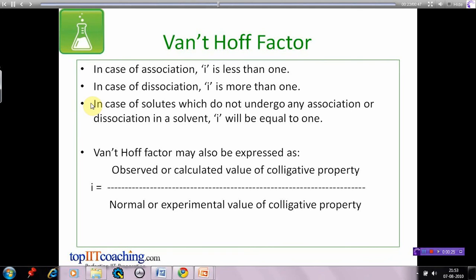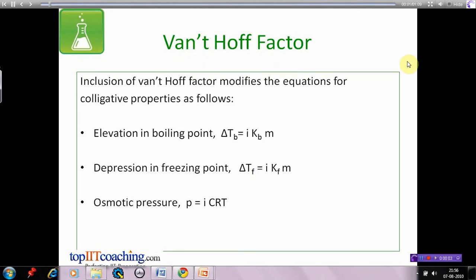In case of solutes which do not undergo any association or dissociation in a solvent, the Van 't Hoff factor i will be equal to 1 because the observed and the normal molar masses will be the same. Therefore, Van 't Hoff factor may also be expressed as i is equal to observed or calculated value of colligative property divided by the normal or experimental value of the same colligative property.